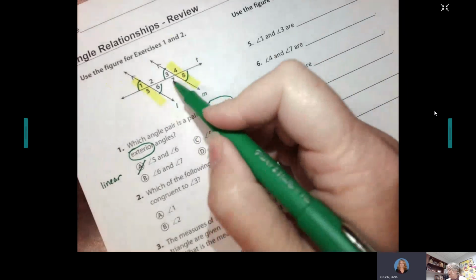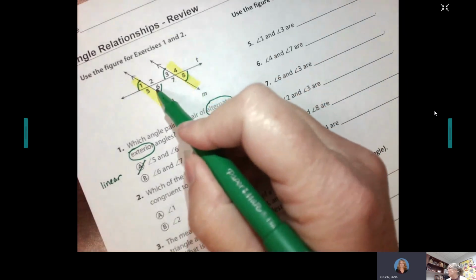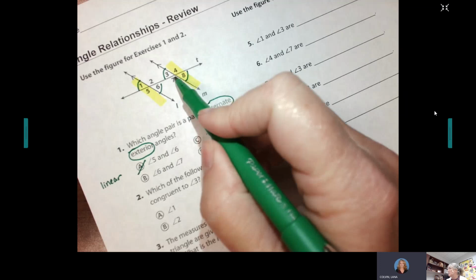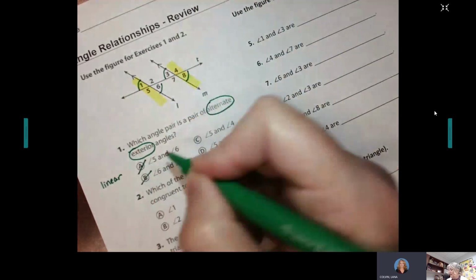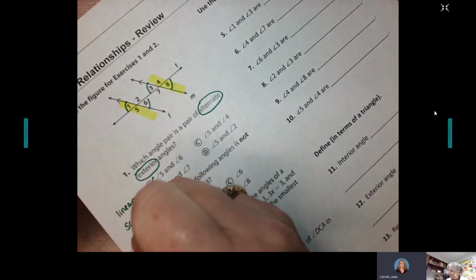All right, what about 6 and 7? Are those alternate exteriors? No, they're not alternate, and they're not on the outside. Those are actually called same side interiors. They're on the same side of the transversal, right?